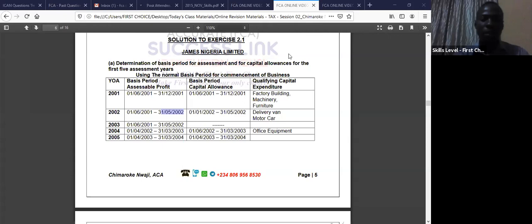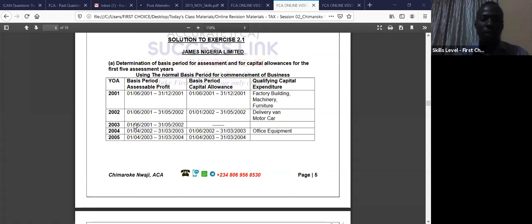Okay, so we were saying that whenever there is an overlap or a gap, capital allowance does not allow for that. So let's go to the third year. In the third year, can we check if there's an overlap?